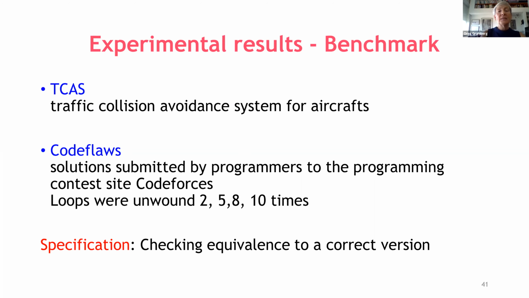And it is not relevant for TCAS because it doesn't include loops. And the specification is just checking equivalence between the actual instance and a correct version of the program.